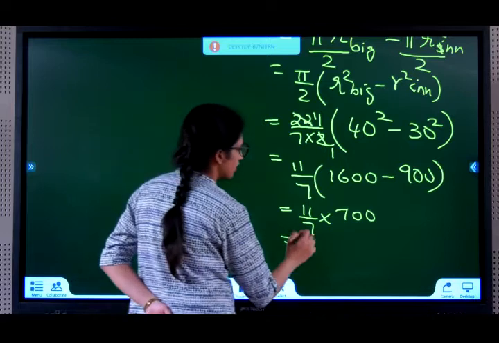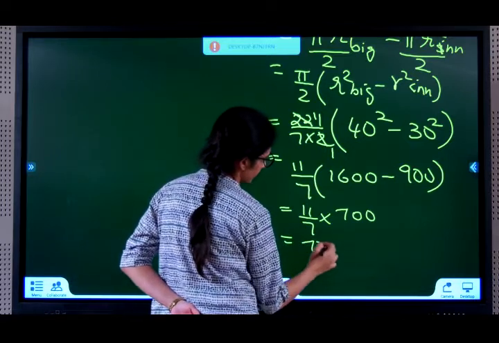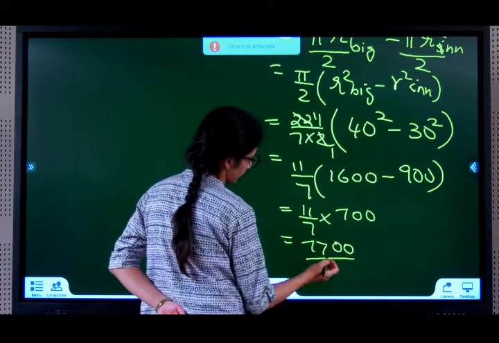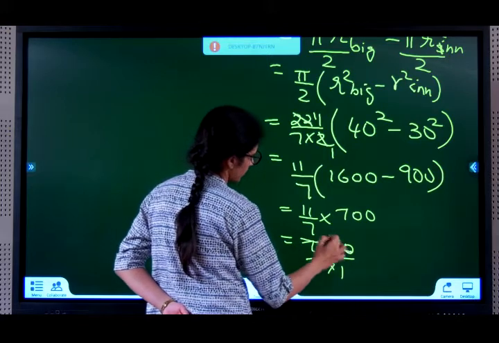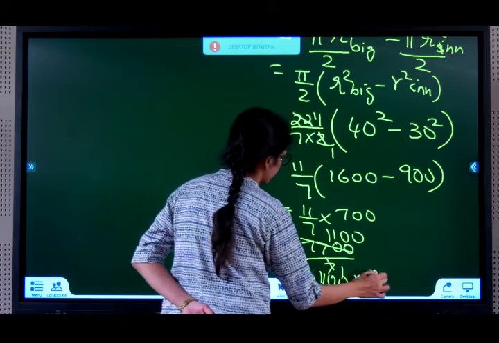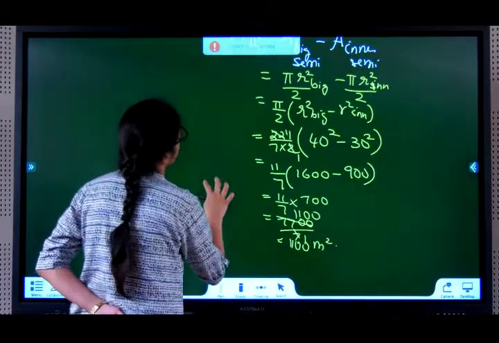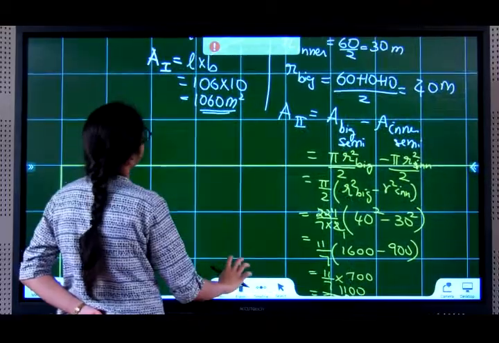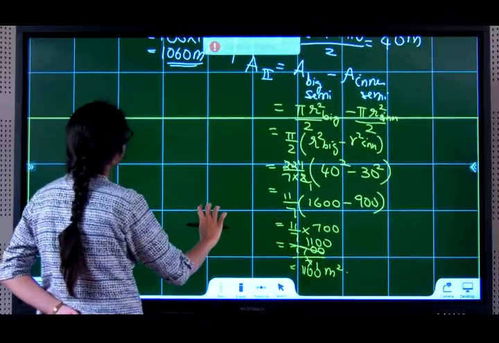Yes. So 11 into 7, 77, put the 2 zeros by 7. 7 1s are 1100. 1100 meter square. So now what happens? Area of 1 is 1060.